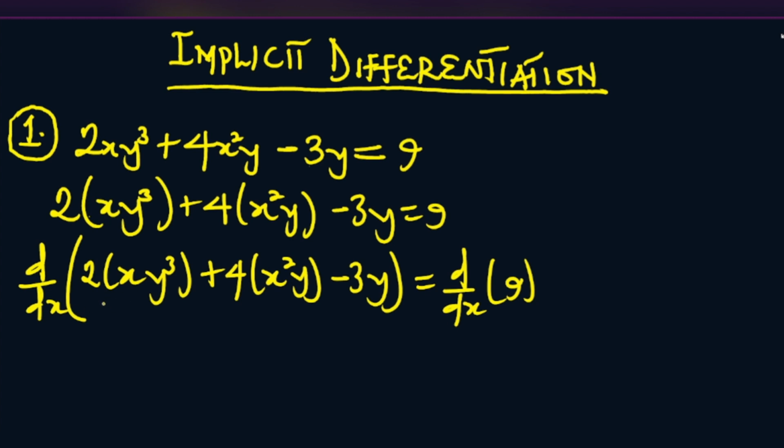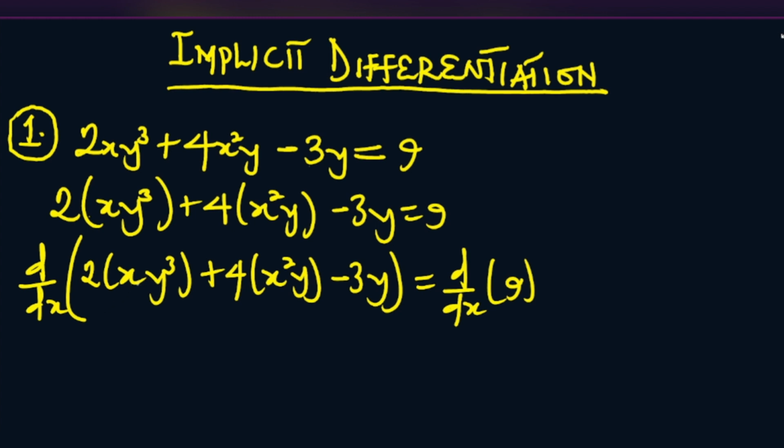So differentiating the left hand side, you will notice that inside of our bracket here, x is multiplying y cubed. And remember, when two different functions are multiplying each other, we would use the product rule of differentiation.